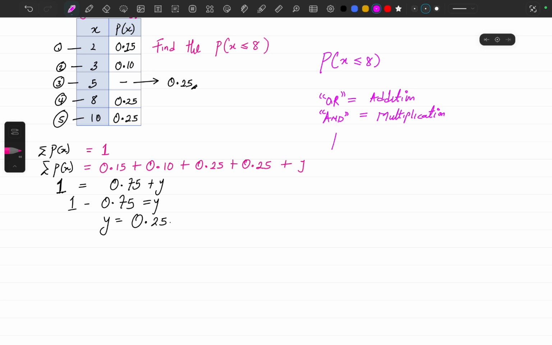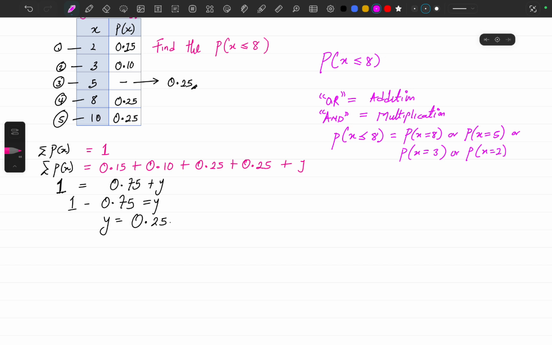So in that way, the probability of x less than or equal to 8 will be equal to the probability of x equal to 8, or the probability of x equal to 5, or the probability of x equal to 3, or this number could be 2.